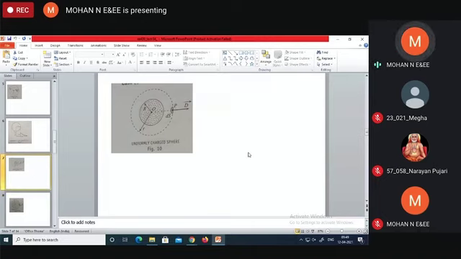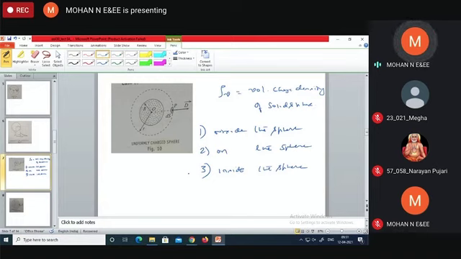Just don't get confused between the spherical shell and the charged sphere. On the spherical shell, the charges were accumulated over the surface. Here, charged sphere means charges are inside the sphere.